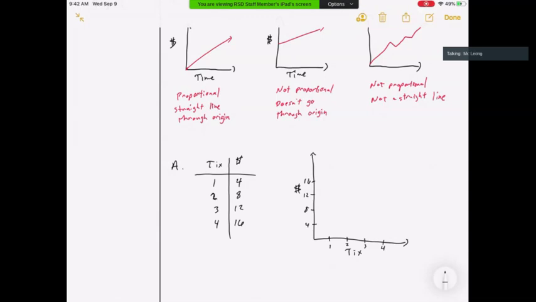Okay, so we're going to graph these points. These are basically like coordinates, like (1, 4), (2, 8), (3, 12), (4, 16), right? It's written in that form, like on a coordinate plane.